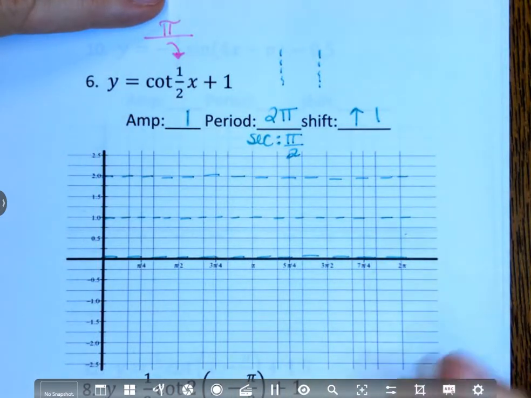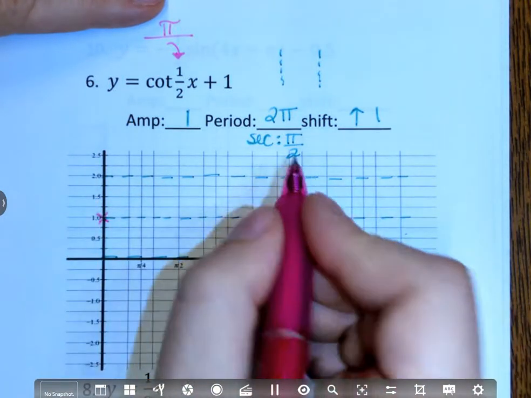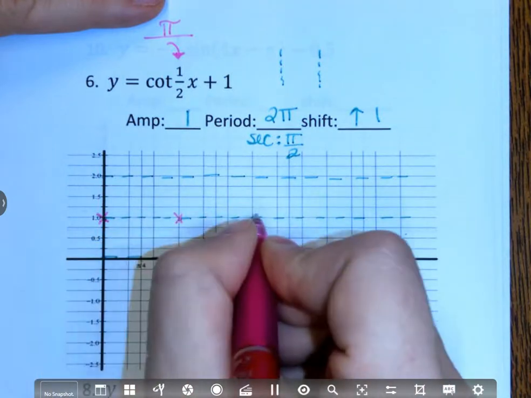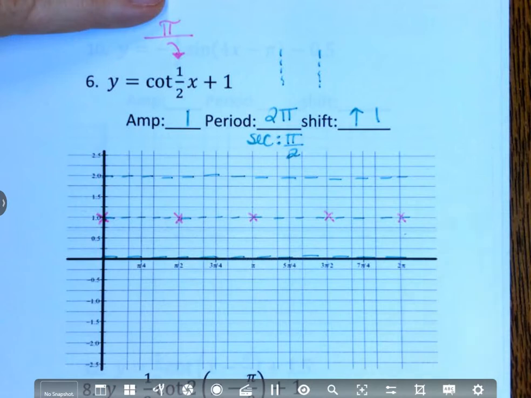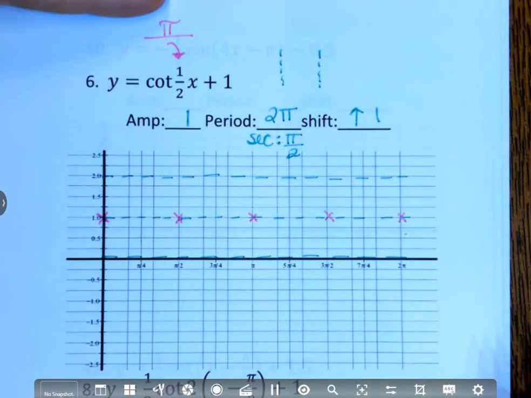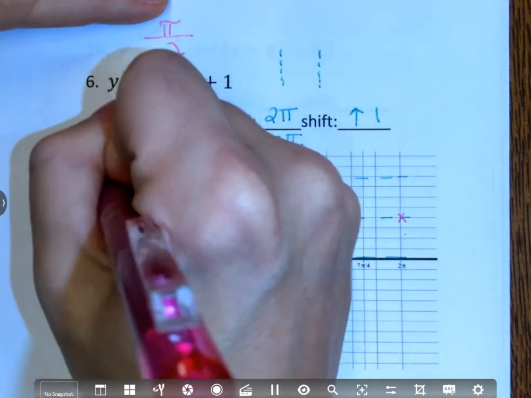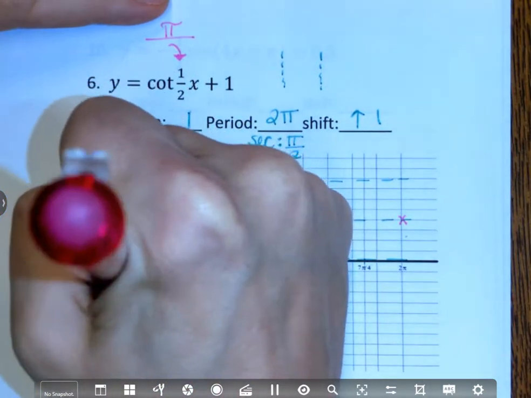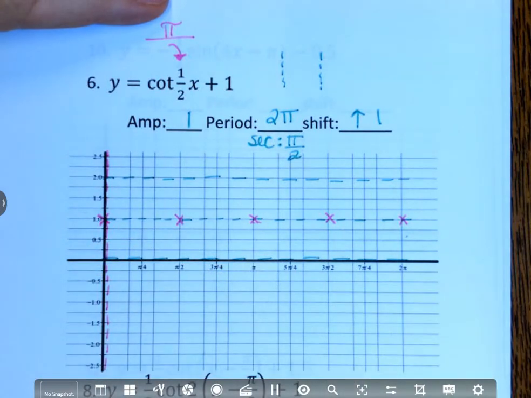Is this guy shifting left or right at all? No, so that means I get to put my first spot here. My sections are pi over 2. There are the rest of my pieces. I was already so wonderfully told that a cotangent starts with an asymptote. What direction does cotangent go? Up or down?